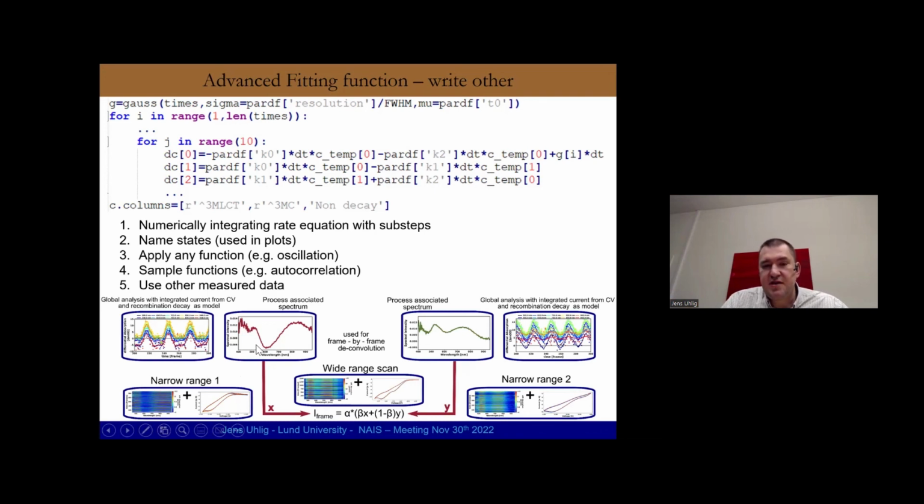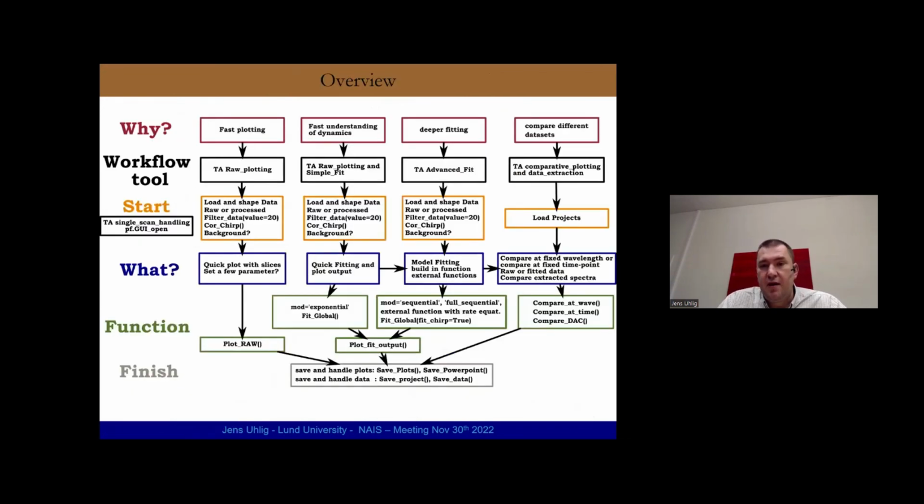The principle is the same. I have one development axis, one spectral axis, and I can model that. I can extract decay associated, or in this case, species associated spectra, and then perform further analysis based on that. Now, that was a big overview, and that's an image which is summarizing that in an interesting way, maybe.